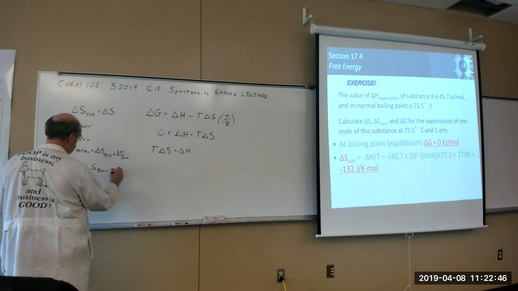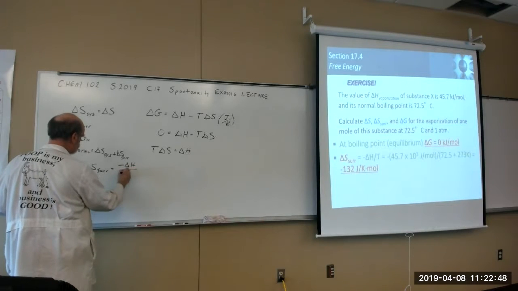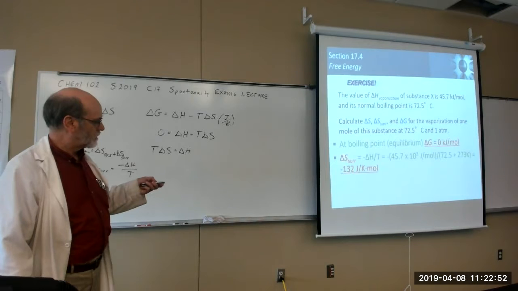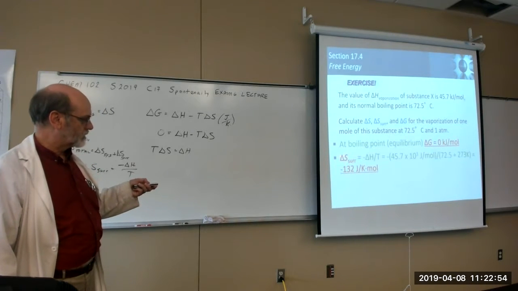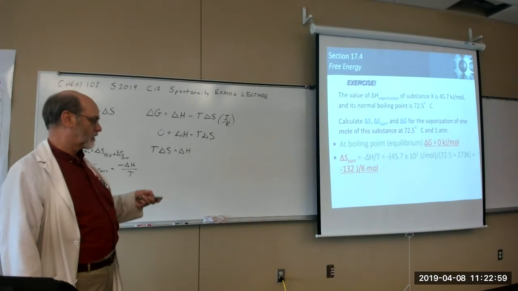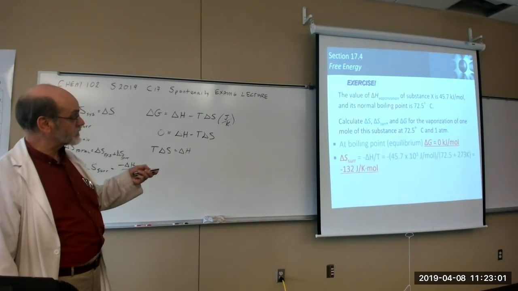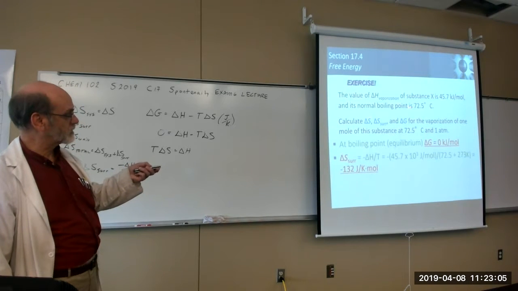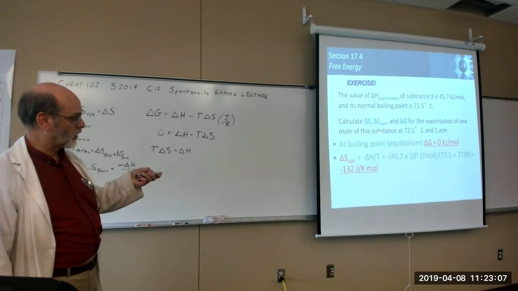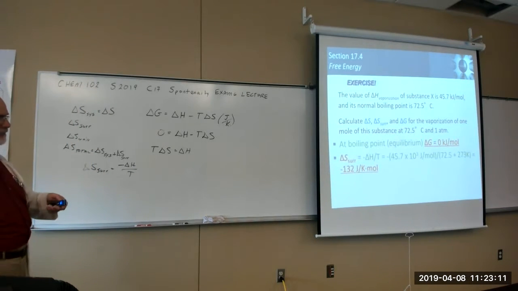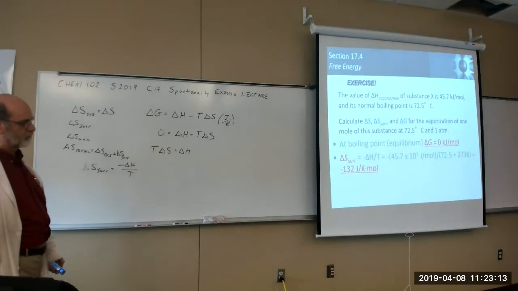Surroundings equals minus delta H over T. So we can calculate the delta S for surroundings at minus 132 joules per K. I probably should have dropped that mole out of here because it says for 1 mole of the substance. So it's really minus 132 joules per K.